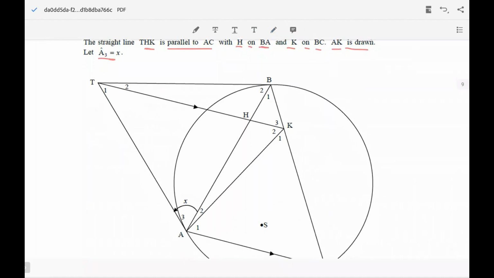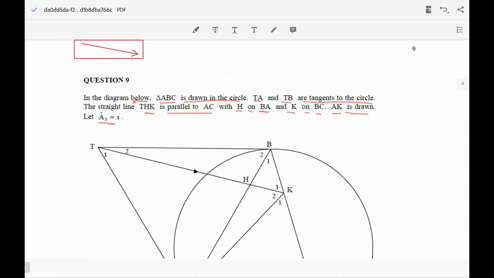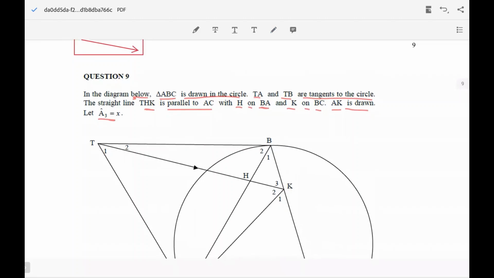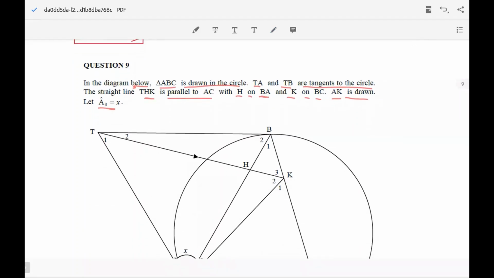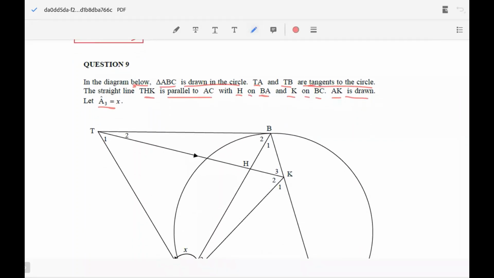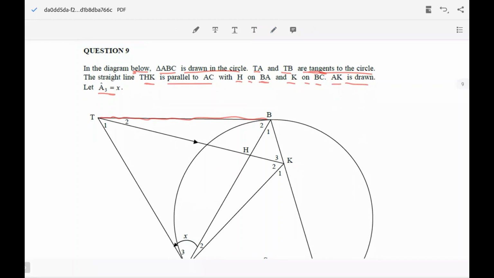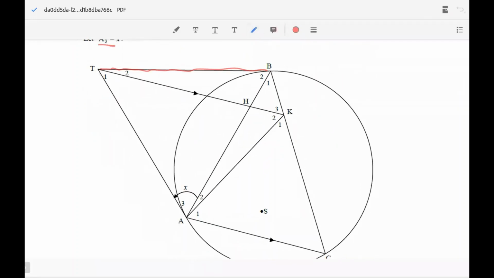So let's analyze what we have. We have tangents. TB is a tangent to a circle, and also TA is a tangent. Remember, tangents to the circle from the same point outside the circle are always equal in length.